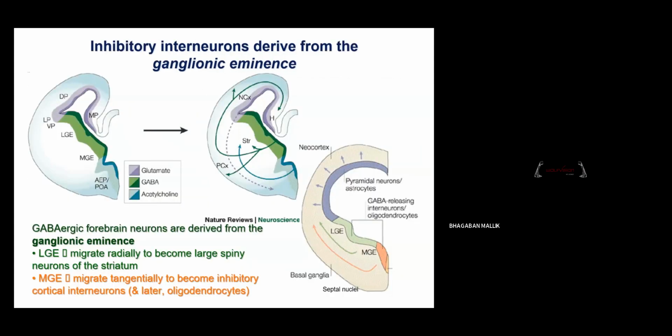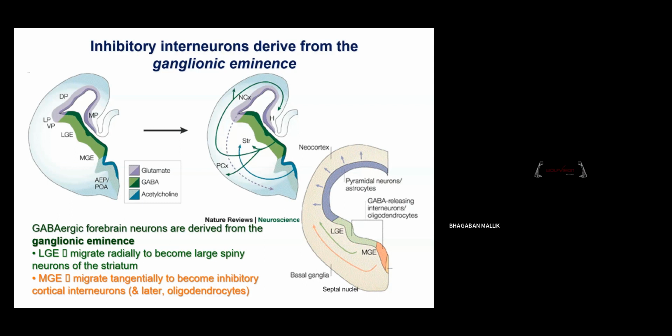So mostly the GABAergic neurons, the inhibitory neurons, are derived from the ganglionic eminence. Okay, so they show tangential migration. Mostly in the medial ganglionic eminence region, those inhibitory GABAergic neurons migrate tangentially, perpendicular to the radial glial cells, and they migrate to the cortex.